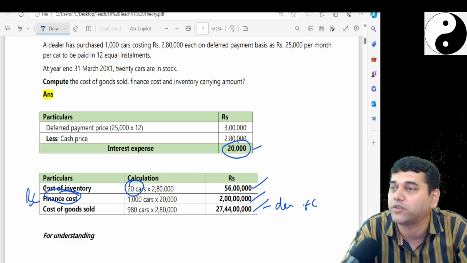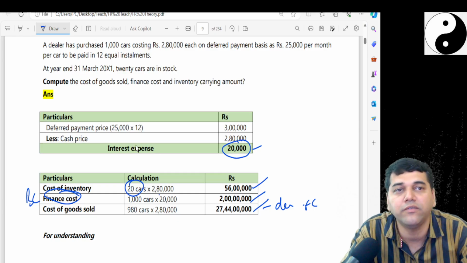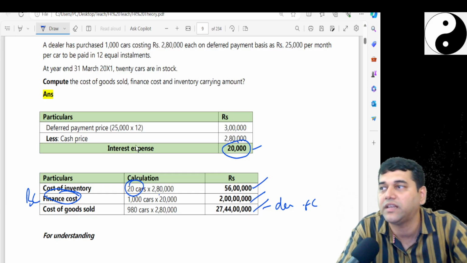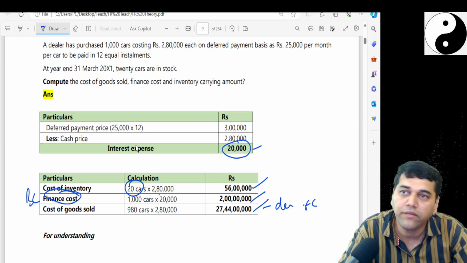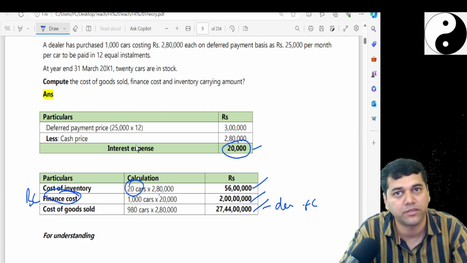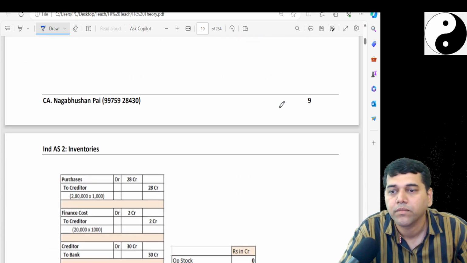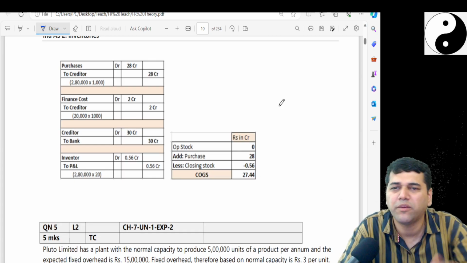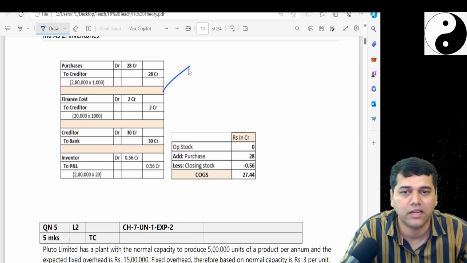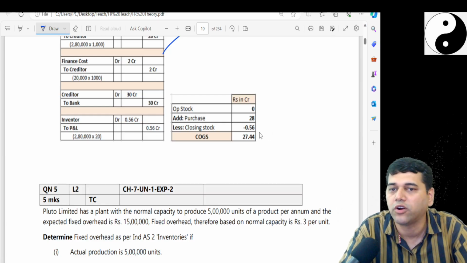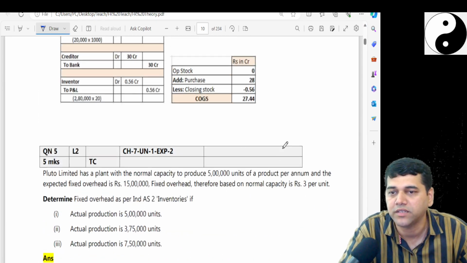No, because this inventory is not a qualifying asset, it is ready for sale now. If you had incurred a borrowing cost on an asset that takes a substantial period to get ready, then this finance cost can be capitalized. This would have been my accounting entries. You can look later. I just shared with you how to get this COGS for your academic interest.